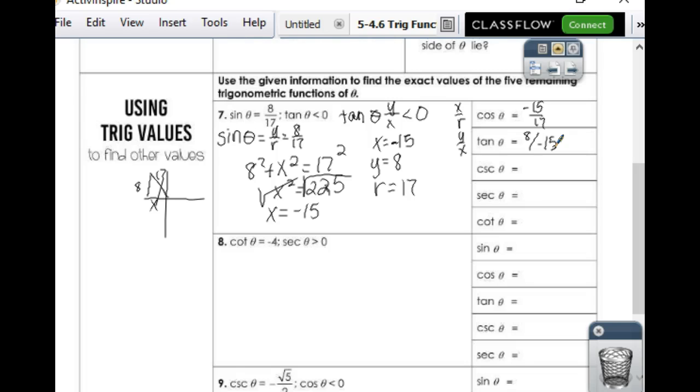The sine, right? So that becomes 17 over 8. The secant is the inverse of the cosine, so I get negative 17 over 15. And the cotangent is the inverse of the tangent, so I get negative 15 over 8. It doesn't matter whether the negative goes top or bottom.